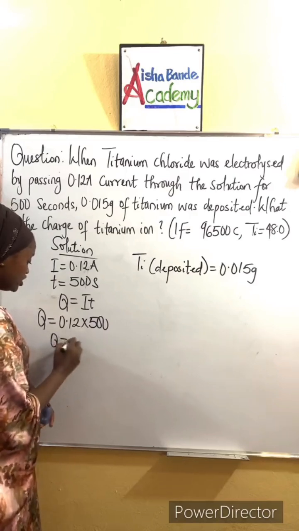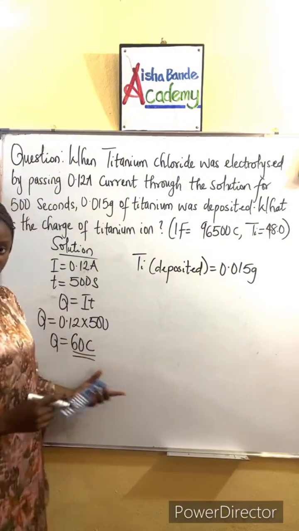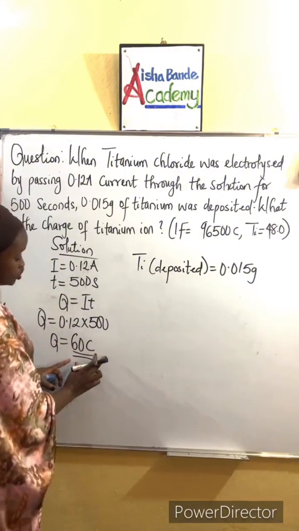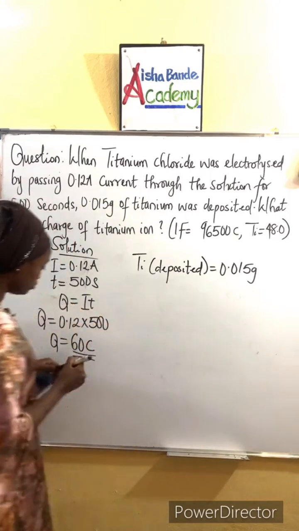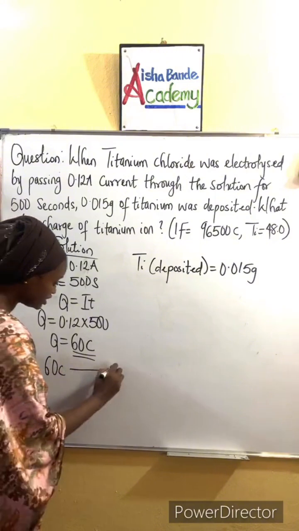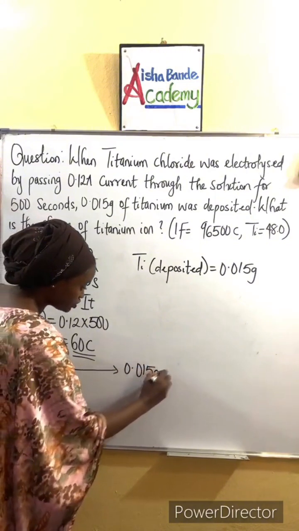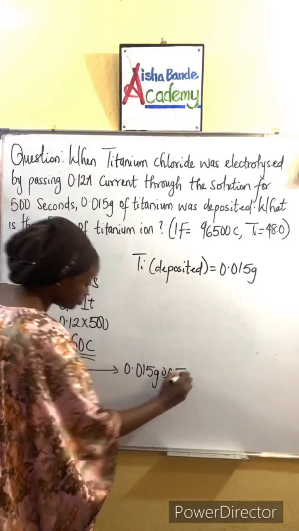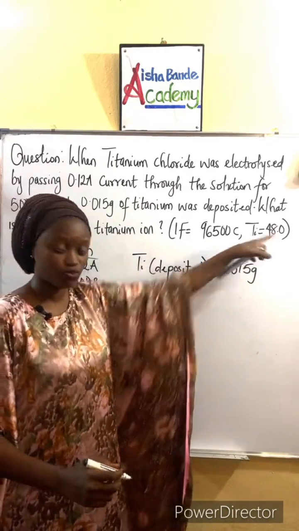So Q is equals to 60 coulombs. So this is the quantity of electricity. As this quantity of electricity deposited this mass of titanium. So we say that 60 coulombs deposited 0.015 grams of titanium.